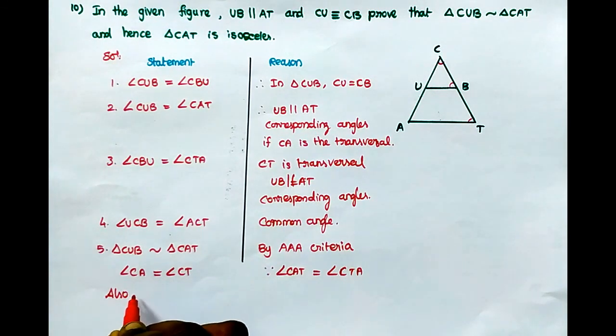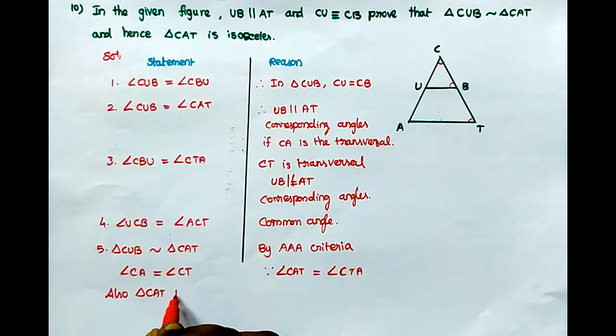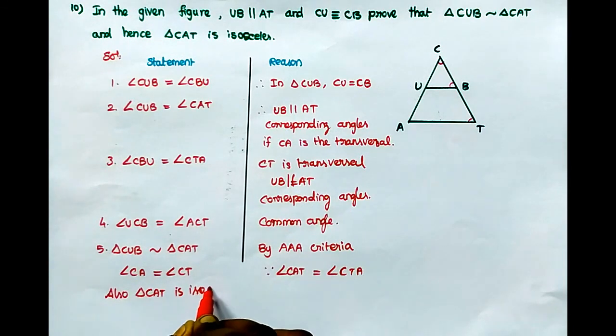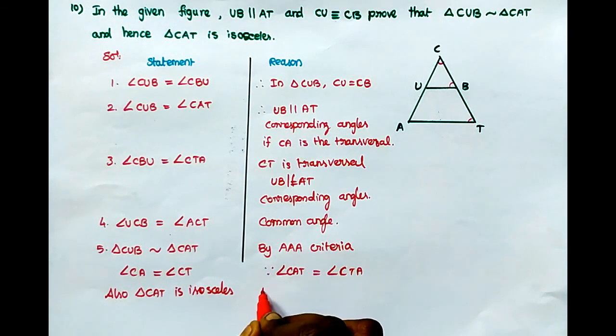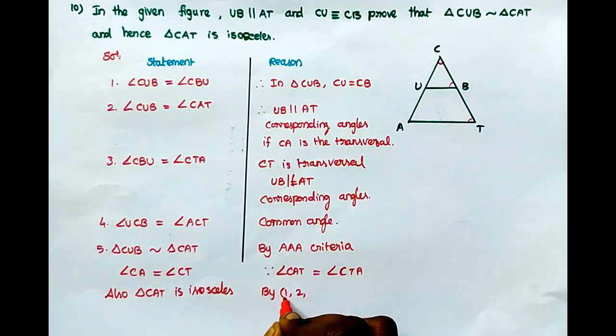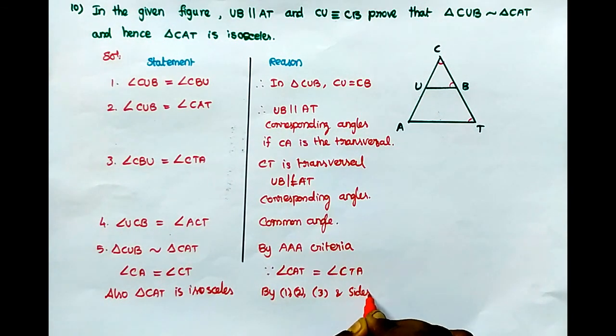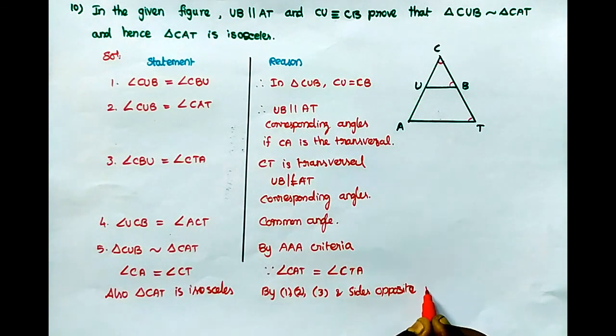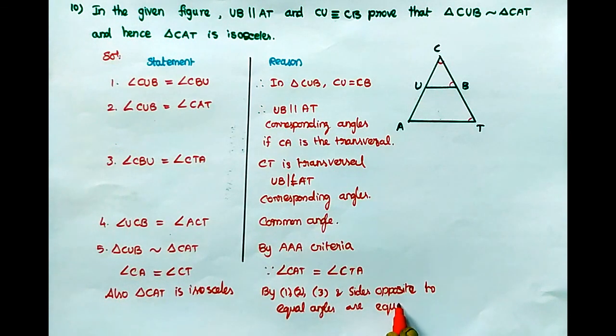Also, triangle CAT is isosceles by these statements 1, 2, 3, and sides opposite to equal angles are equal. So that is the answer.